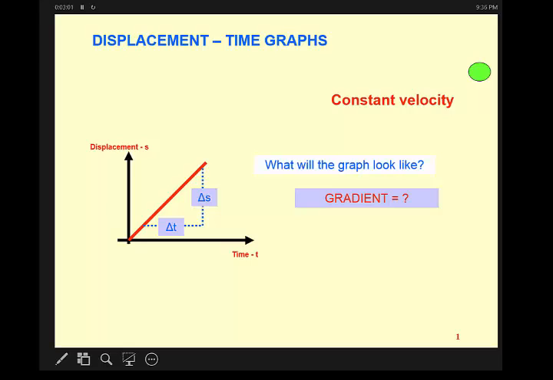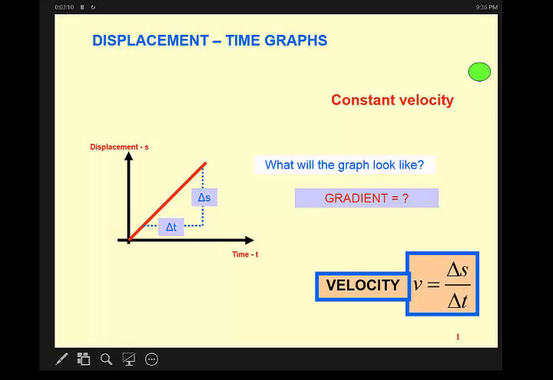The hypotenuse of that triangle will give us the slope, and it fits an equation that we know. Velocity equals change in displacement over change in time. So that's how we can graph velocity. Do a displacement over time graph, and it's constant velocity. It will be a straight line.